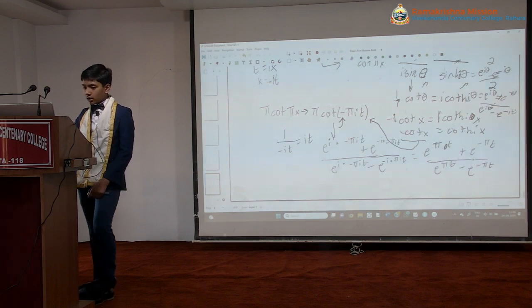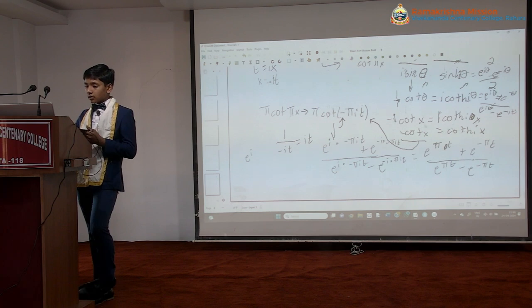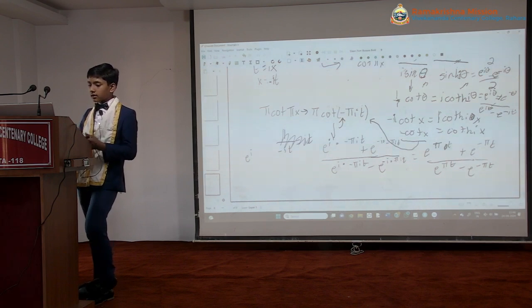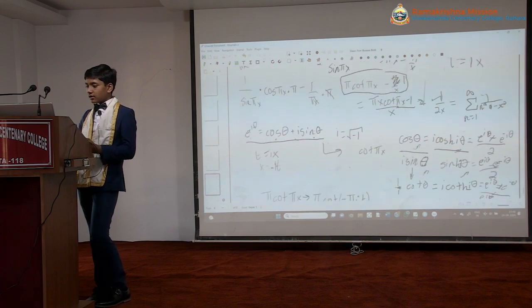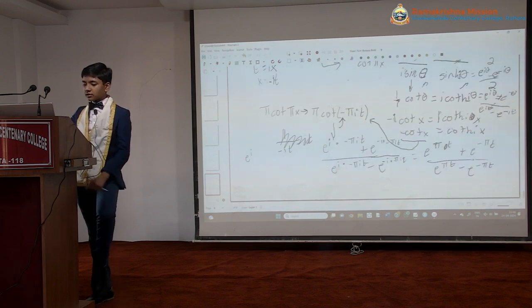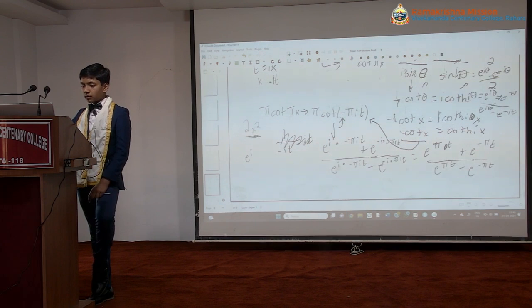So here we go. Oh, right. By the way, I actually forgot that we're multiplying this by 1 over 2x. So the denominator is actually 2x squared on the bottom.